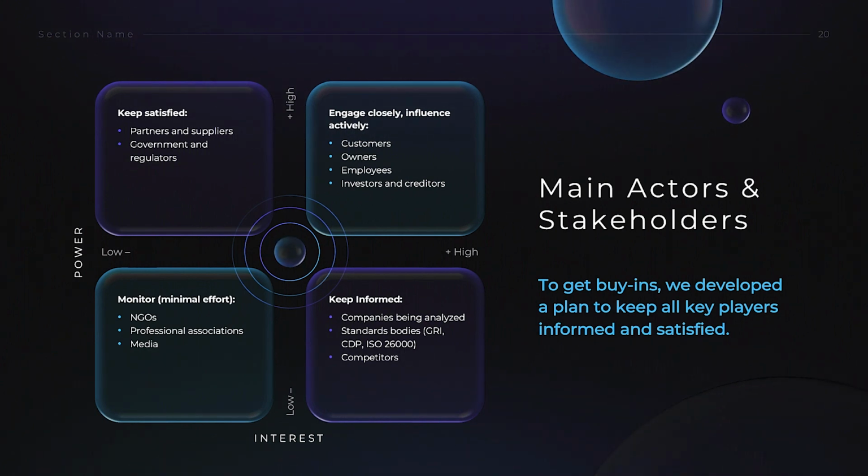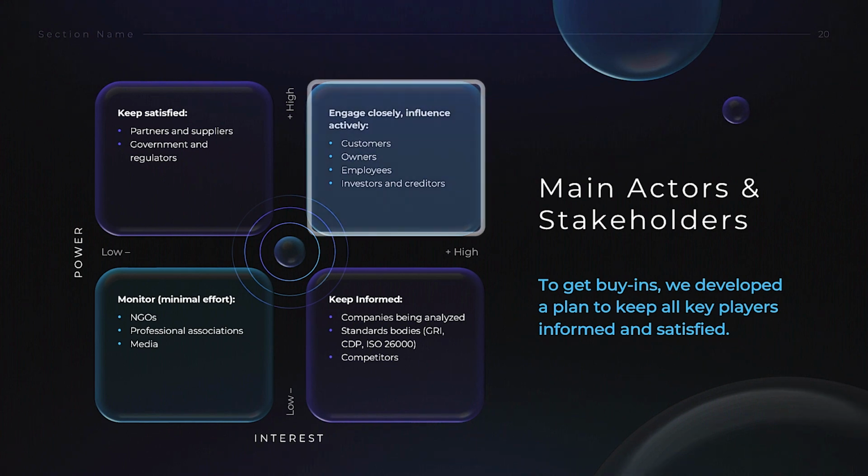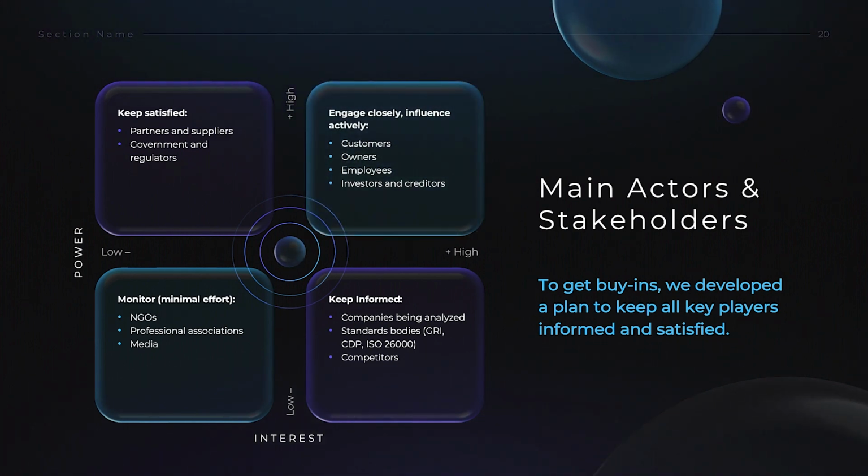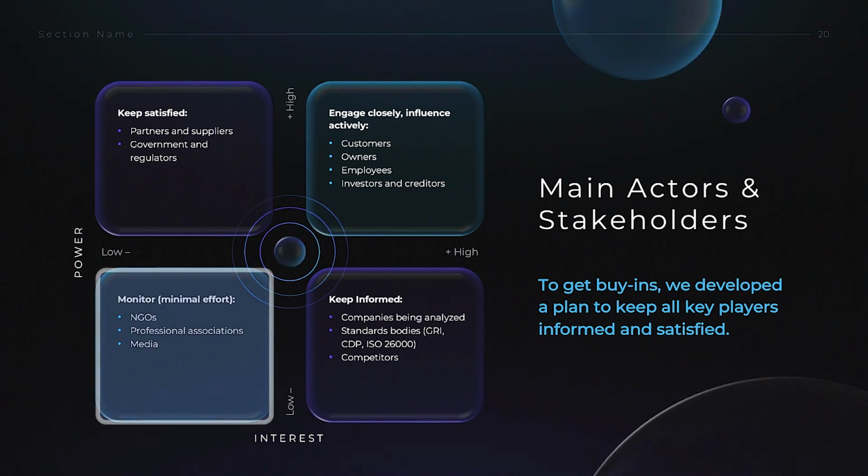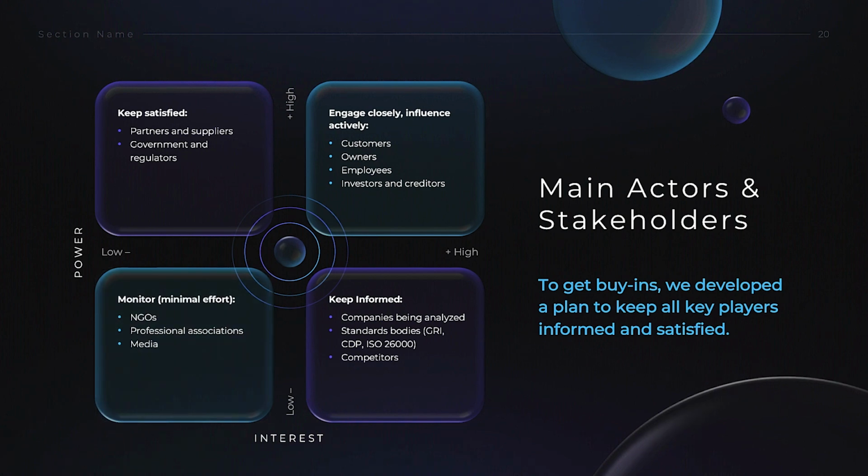For example, those with both high power and high interest need to be closely engaged and updated to ensure buy-ins. On the other hand, those who have little power and interest can just be passively monitored with little effort. Under each stakeholder category, list any individual names, titles, or entities that apply.